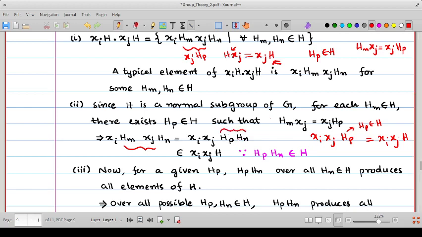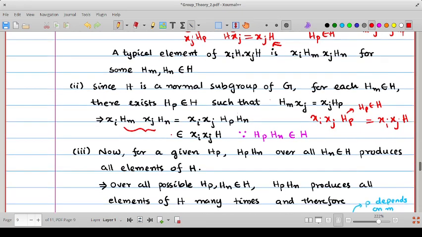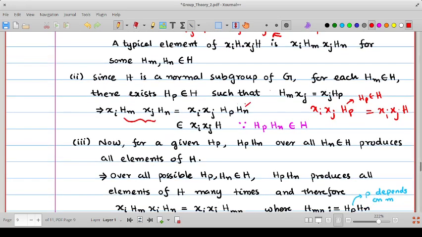Now this is an element of H, and as I vary Hn, even if I keep Hp fixed, that will produce all elements of the subgroup H. So now if I consider all possible values of Hm and Hn, the elements of the subgroup H will appear many times, but since I am interested only in distinct values to be kept in the coset product, I only need to keep the elements of H only once.